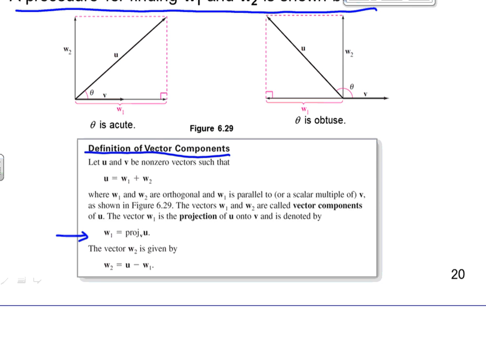So W1 is the projection of U onto V. And the vector W2 is just U minus W1.